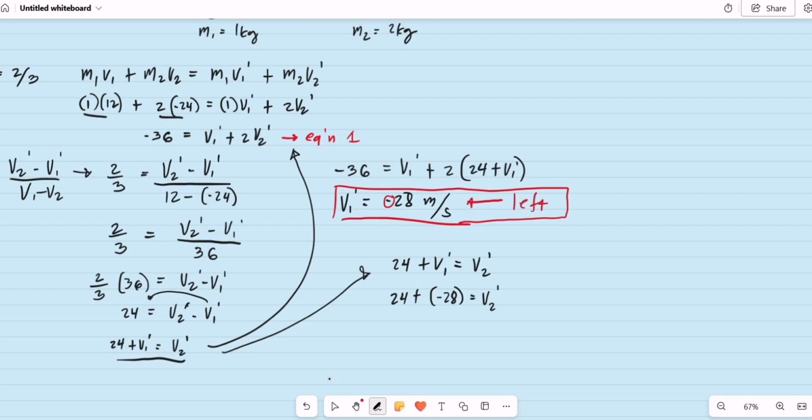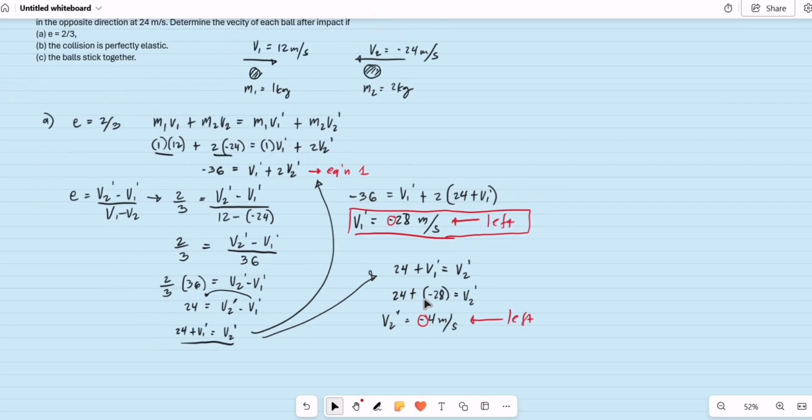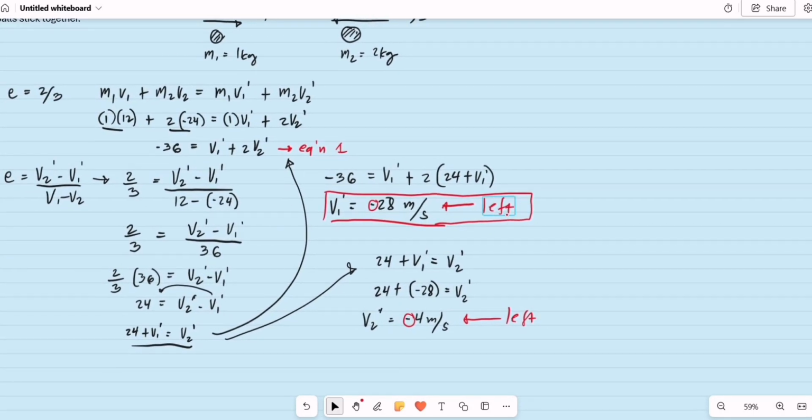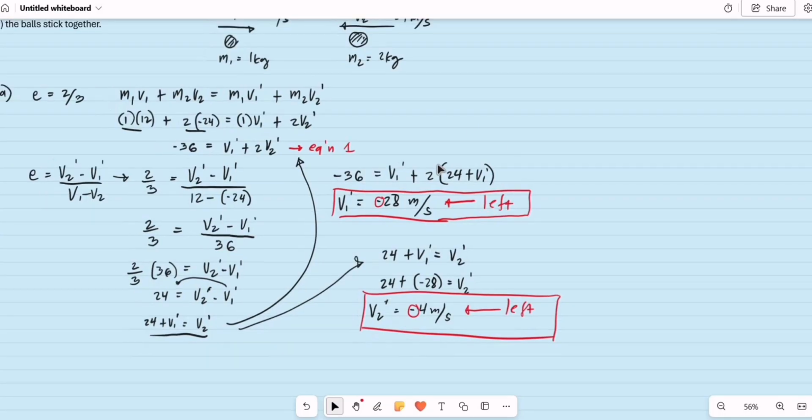So 24 minus 28 is negative 4, so v2 prime is equal to negative 4 meters per second. What do we mean by that negative sign? After collision, the second object is also moving to the left. So this is still possible: after they collide, they move in the same direction but separately.